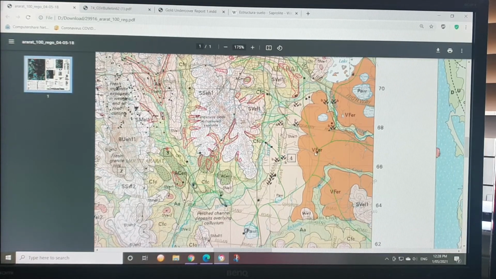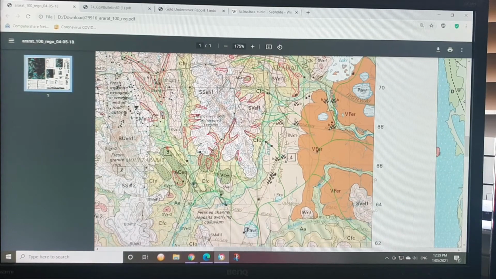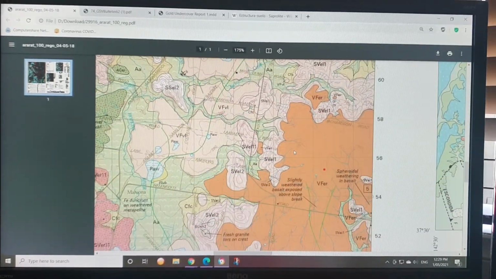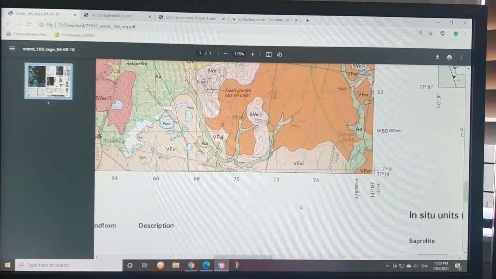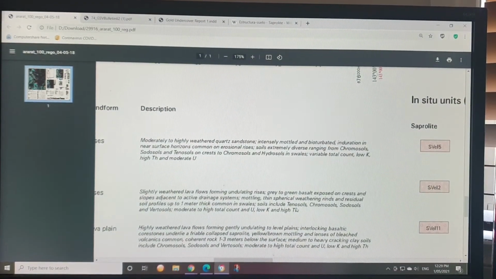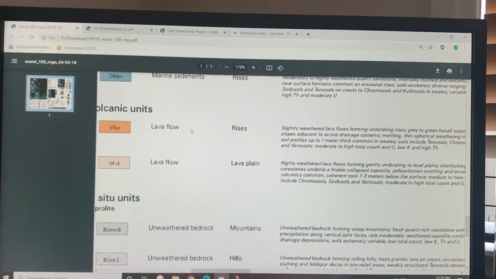So VER, and this one is SVEL1. So we go down to the actual, see there's no gold here. So here we have lava flows.